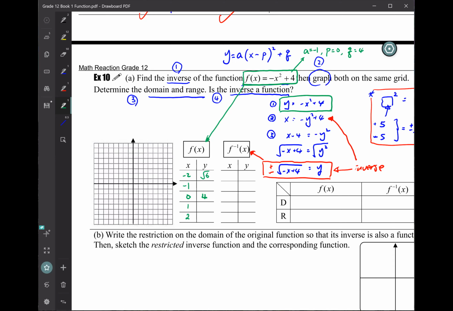We are graphing the original right now. Okay, so can you try again and tell me what you get when you plug in -2? You have to do -2 squared, right? And then times a negative, and then add 4.